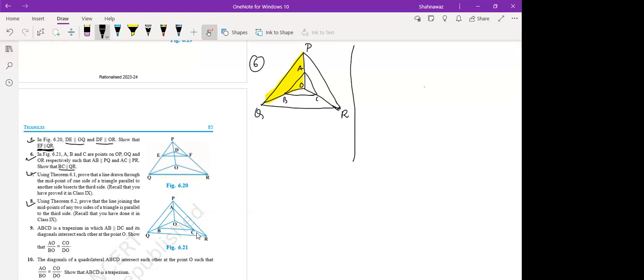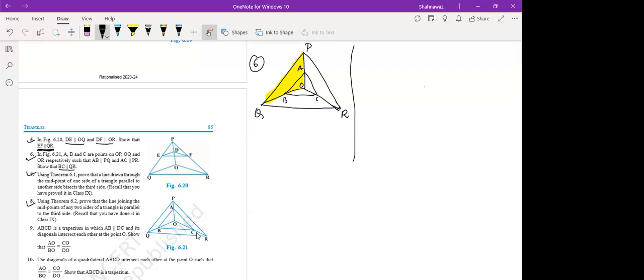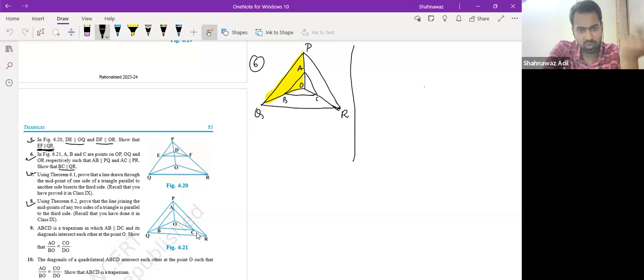So how can you prove that BC is parallel to QR? This is what we have to prove: BC parallel to QR. Yes, you have correctly predicted the triangle. In this triangle, we have to prove BC parallel to QR.